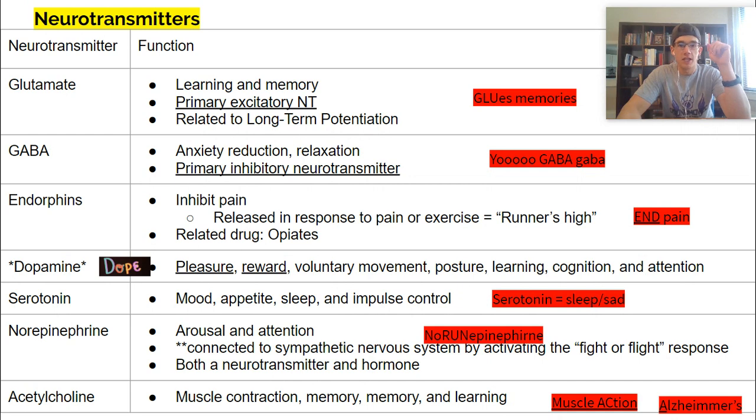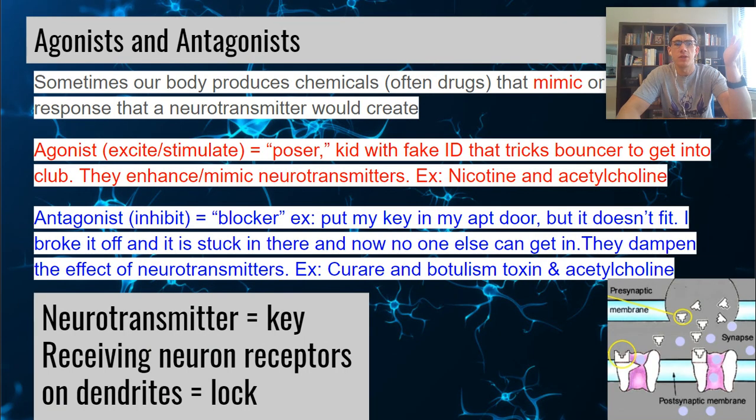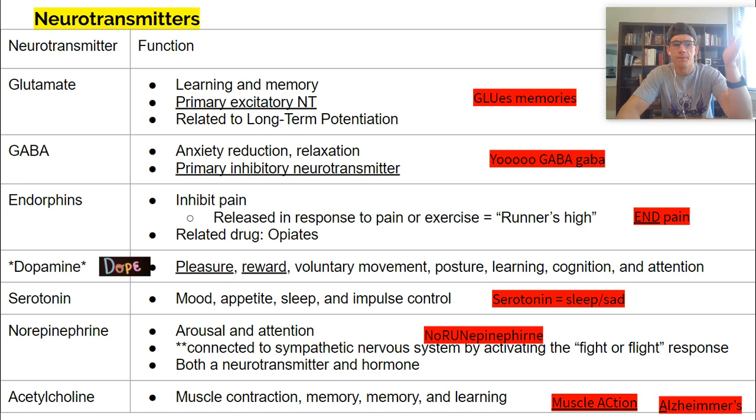So if we go back here, endorphins: opiates are an agonist for endorphins. That's why when you take opiate drugs, you no longer feel pain. And then the other one that we talked about, antagonist, it's not on here, but adenosine is what's in caffeine.